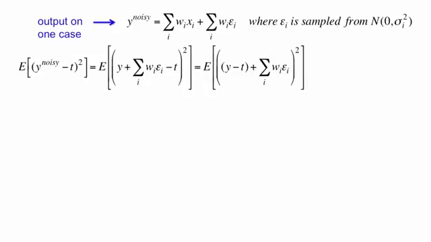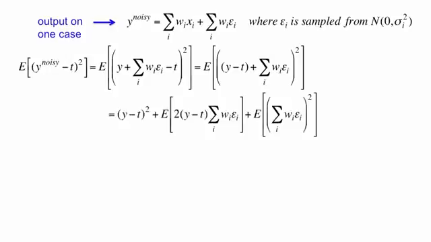So if we substitute the equation above for y noisy, we need the expectation of (y plus the sum over all i of wi epsilon i, minus t) squared. So when we complete the square, the first term we get is (y minus t) squared, and that's not inside an expectation bracket because it doesn't involve any noise. The second term is the cross product of the two terms above, and the third term is the square of the last term. Now that equation simplifies a lot.